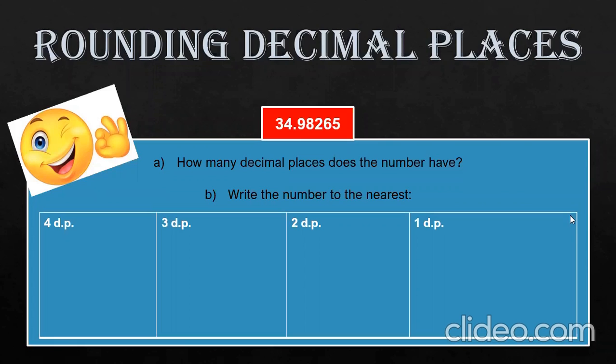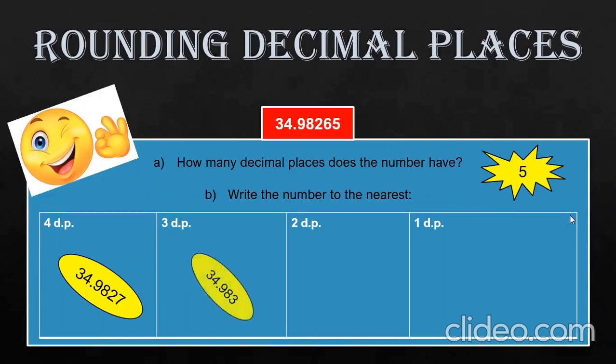And so you should have realized that it has 5 decimal places, simply because there are 5 digits after the point. You are then to write the number to 4 decimal places, which should be 34.9827. 3 decimal places, it's 34.983, and 2 decimal places, 34.98.